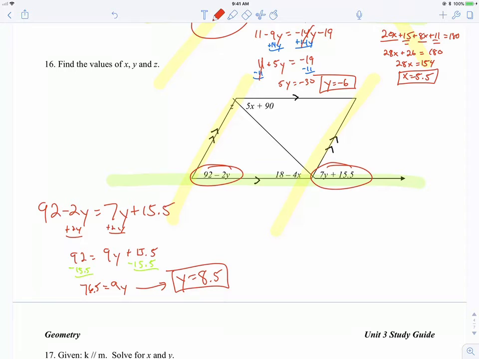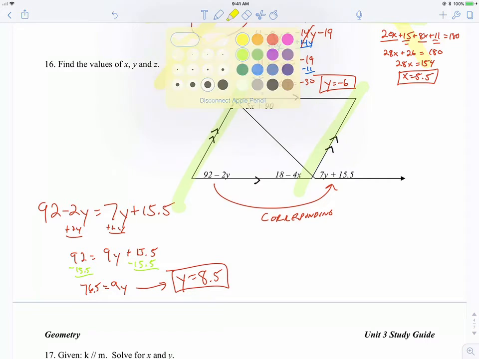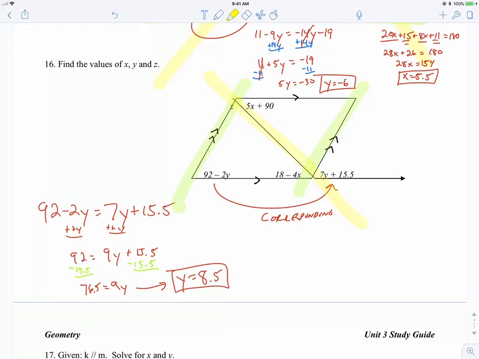Now we're going to look at, sorry, those correspond. Now we're going to look at these two parallel lines cut by this transversal, and we have alternate interior angles. So those are equal, so we're going to say 5x plus 90 equals 18 minus 4x.